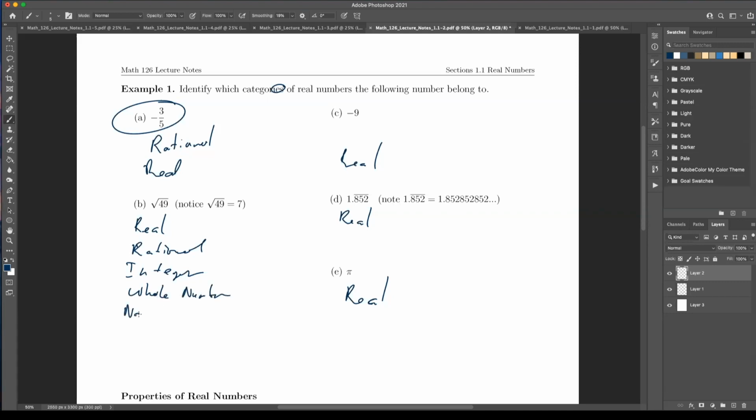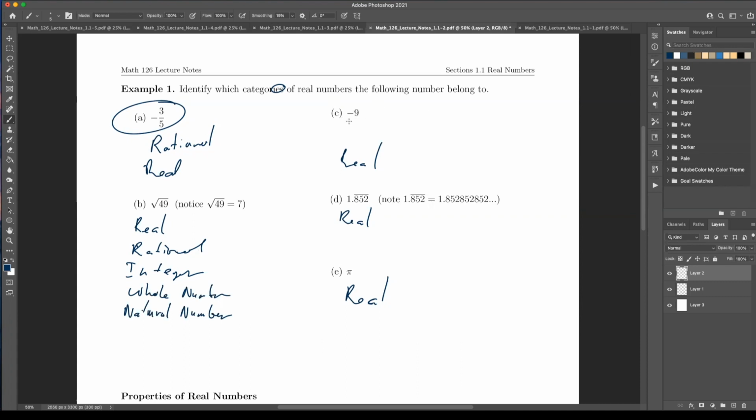And it's also a natural number. So in this case, what category does this belong to? I can say 7 is a real number. That's accurate. I can say it's a rational number. That's also accurate. I can say it's an integer, a whole number, or a natural number. All these are accurate. Same thing for here.